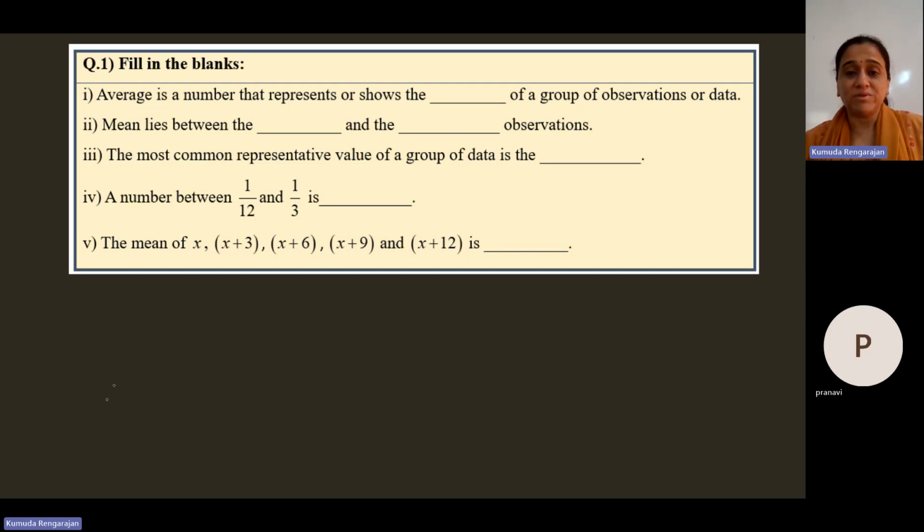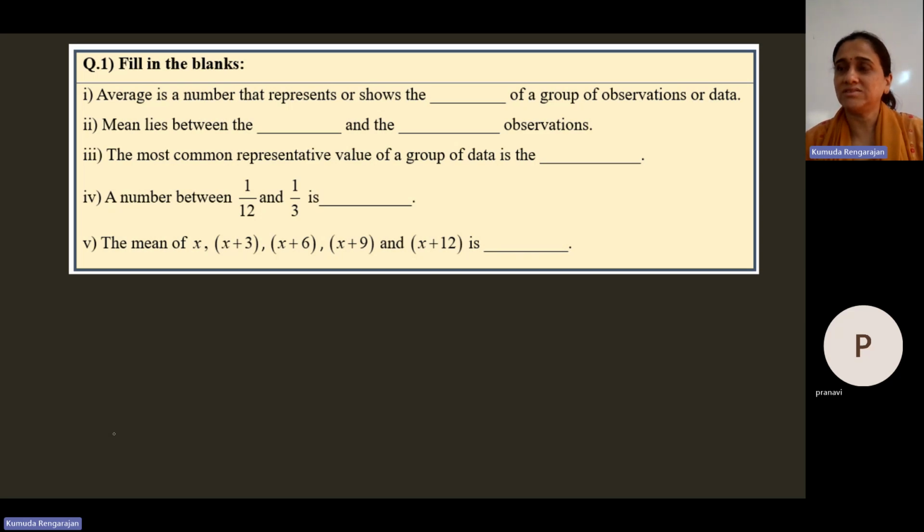It is the number that represents or shows the central tendency. Central tendency means all the other numbers tend to fall around that number, which is called the average, and it has kind of all the qualities of the remaining numbers in the data. With that one number, you can make out the nature or the qualities of the other numbers in the data.